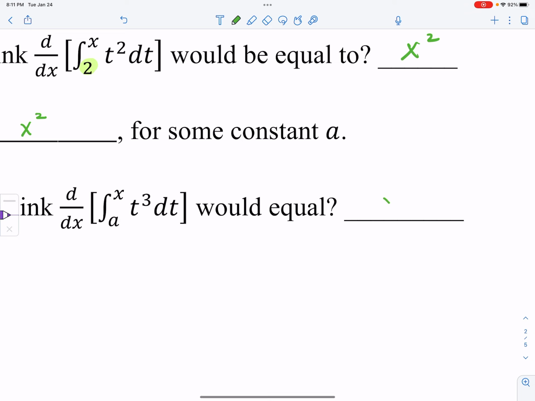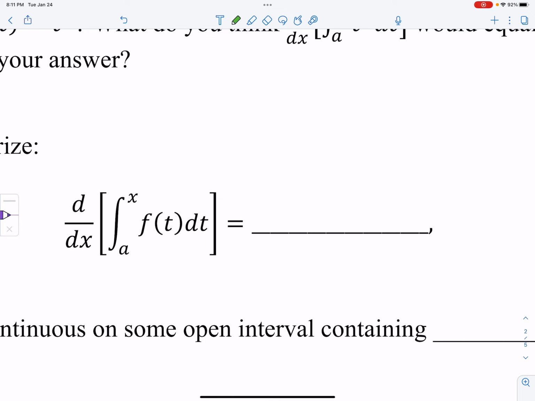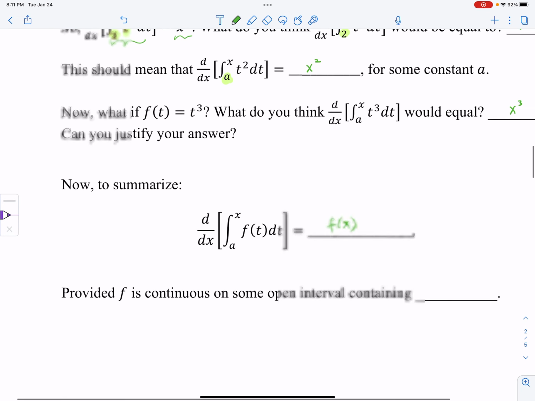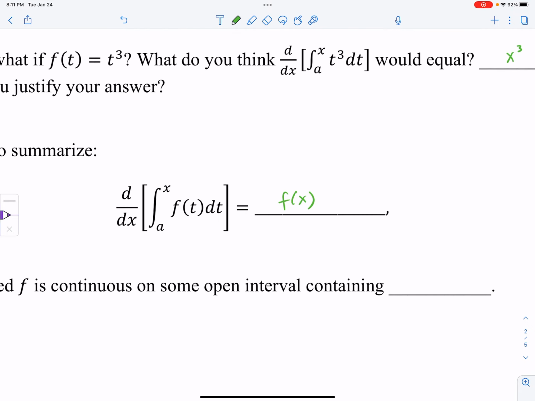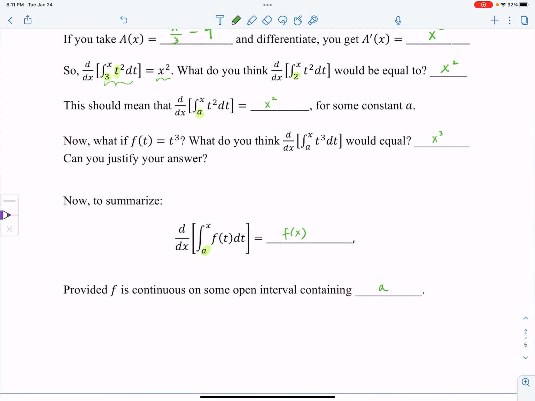So it would end up being x cubed. Okay, so to summarize, the derivative of the definite integral from a to x is equal to lowercase f of x, provided f is continuous on some open interval containing a. So it has to be continuous on an open interval containing a.